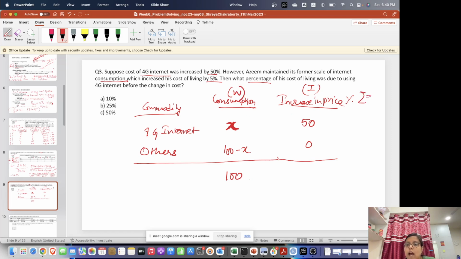So summation IW will be 50X plus 0. The cost of living index is given by summation index into weight divided by summation of weights. So this will be 50X divided by 100.